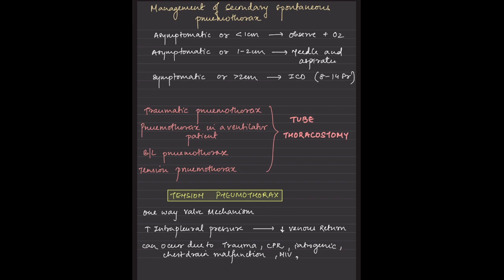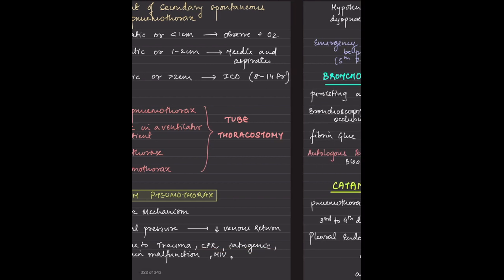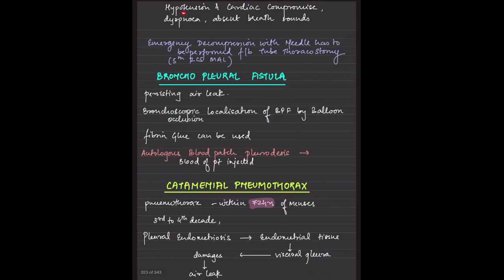The patient will be hypotensive and it is a medical emergency. This can happen because of any trauma or any iatrogenic incident, causing hypotension and cardiac compromise. So emergency decompression with a needle has to be done, followed by tube thoracostomy. It is important that not just needle aspiration but a tube thoracostomy has to be done. It is mandatory in such patients.